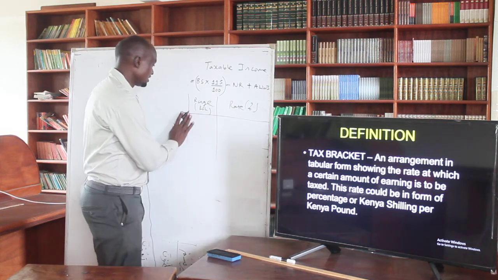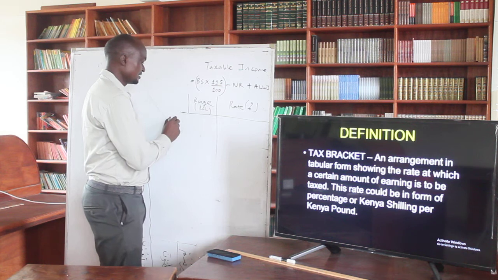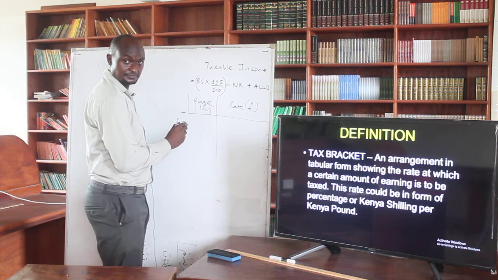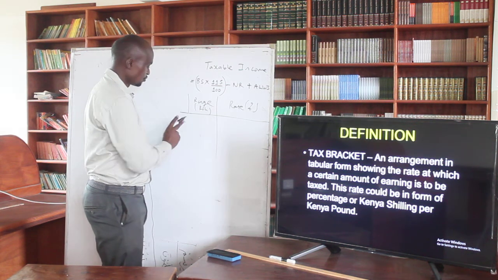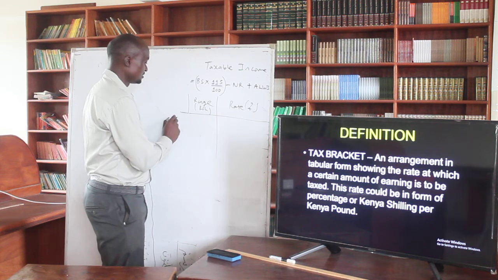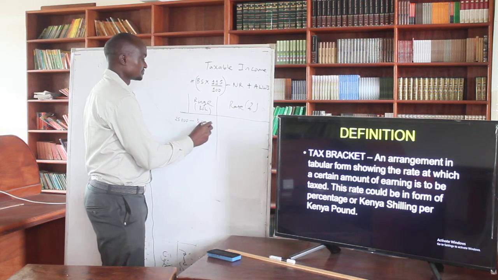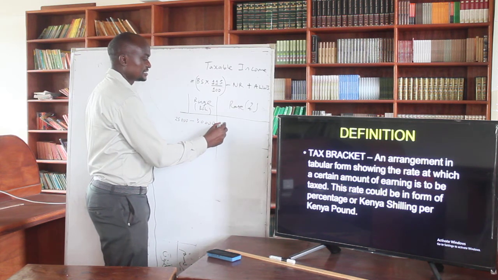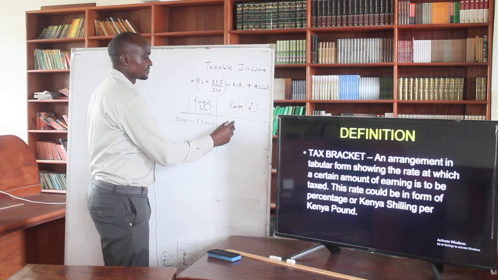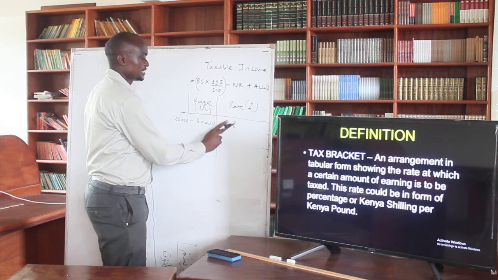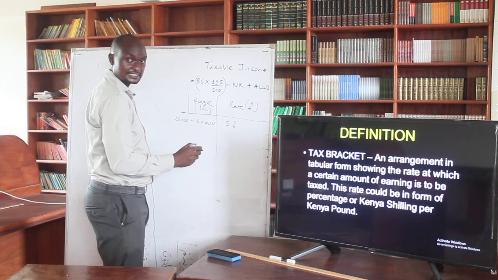So anybody earning from, in the case of Kenya, 25,000 up to 30,000 is supposed to pay, let's say, 5%.